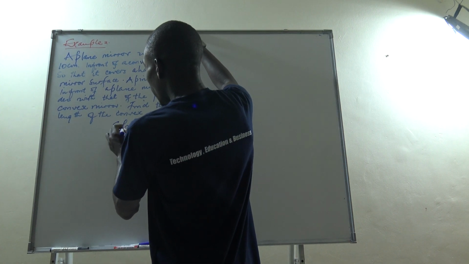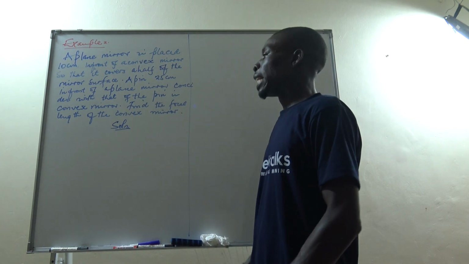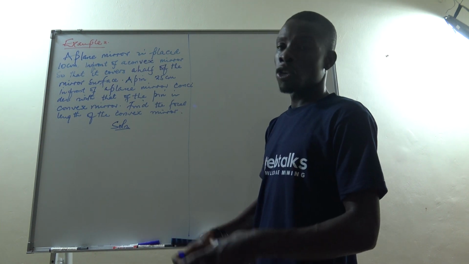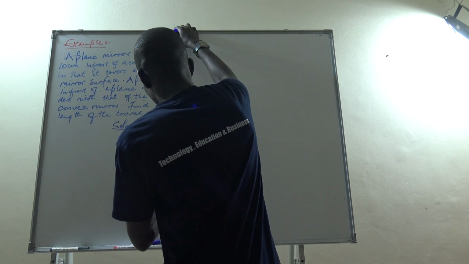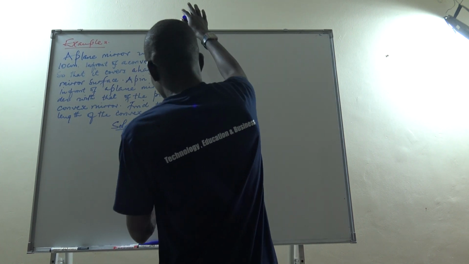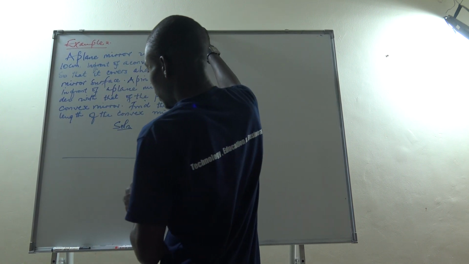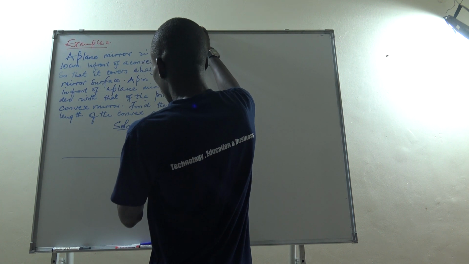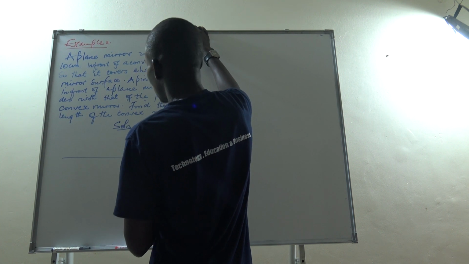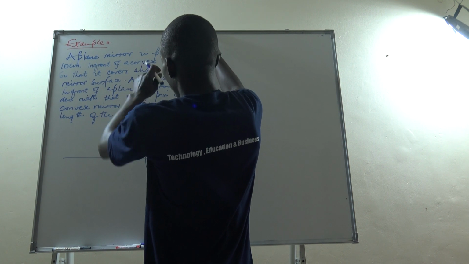I would therefore advise that before doing anything, to solve this problem very well, let's have a simple sketch diagram. And how do we sketch it then? I'll draw that as my principal axis, and then I can now say my convex mirror is this. Okay? They say the plane mirror is placed 10 centimeters in front of the convex mirror.